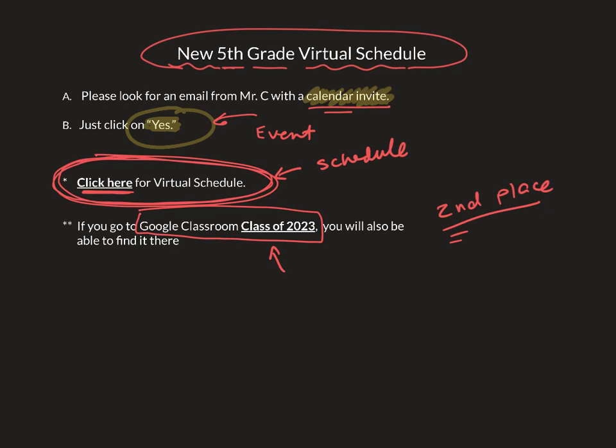It's the virtual schedule, yeah. Don't worry if it's an individual thing. If you can't find it, I'll help you a little later. But if you look carefully, you'll see where it is. Really, the most important thing is you click on it and you click yes.